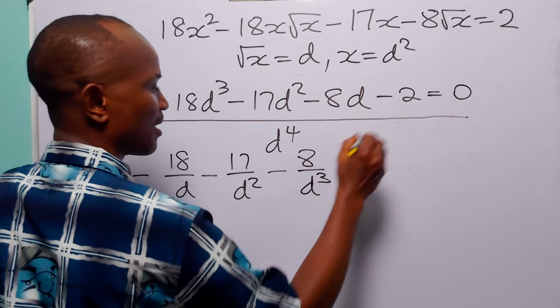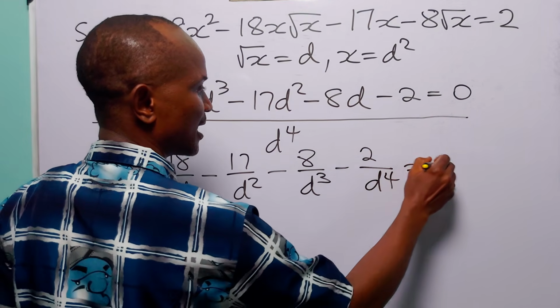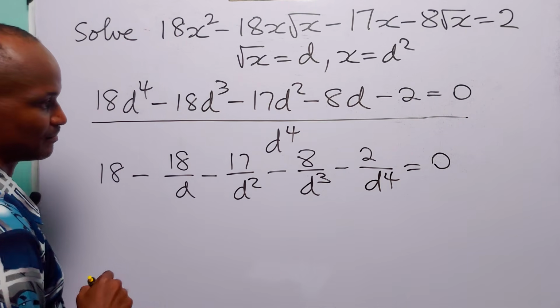And finally, we have minus 2 over d to the power 4. And this is equal to 0.